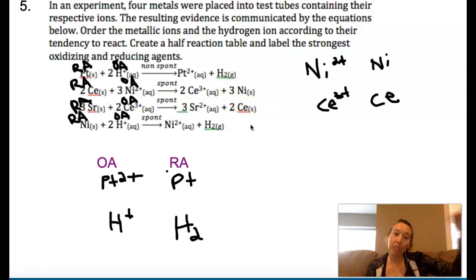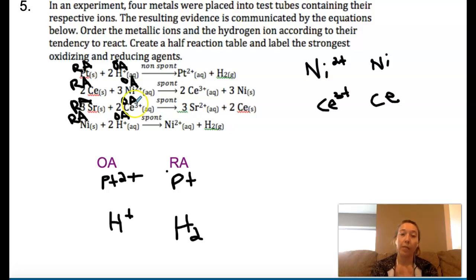We know that Pt2+ is above H+, we know that nickel 2+ is above Ce3+, but we don't yet know how those pieces are going to come together. So now let's go look at equation 3. So equation 3 was strontium with Ce3+. Okay, we have Ce3+ in our table right here. So hopefully we can use that to help us figure out where some pieces are going to go.